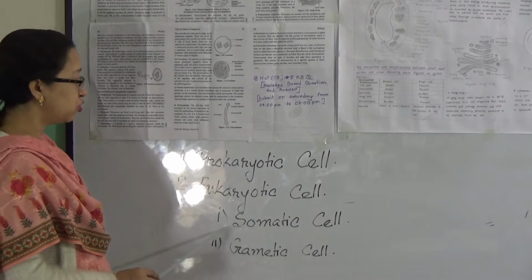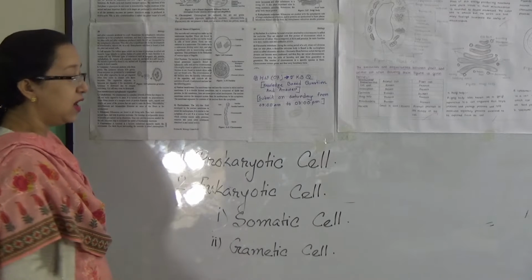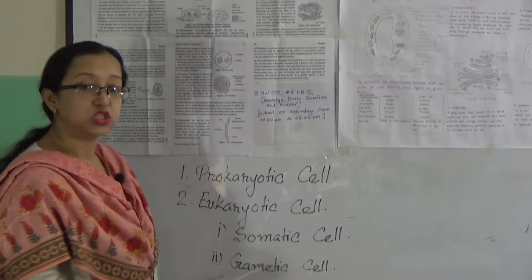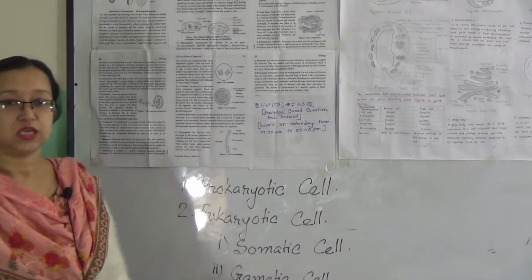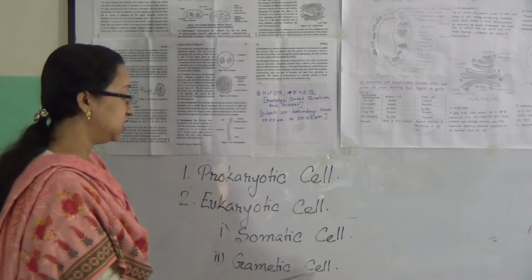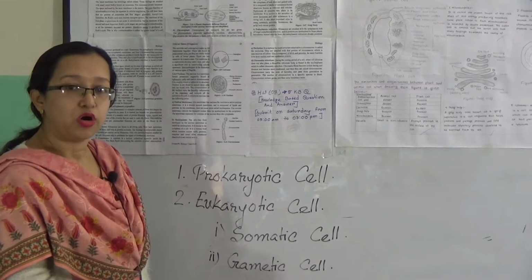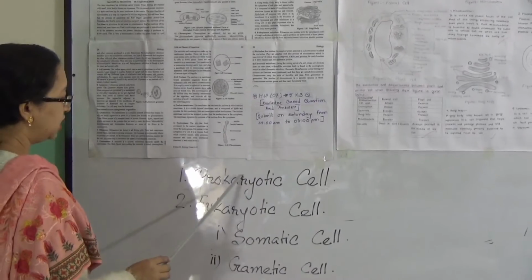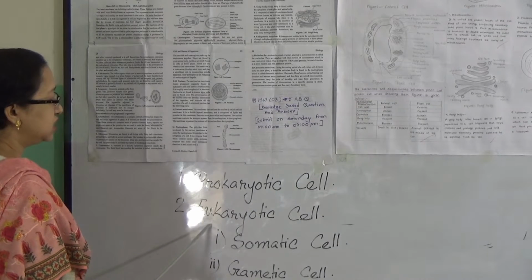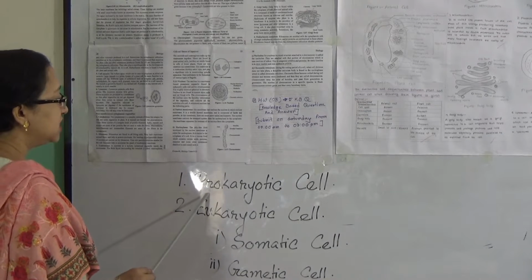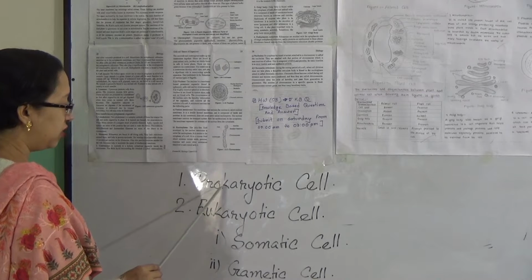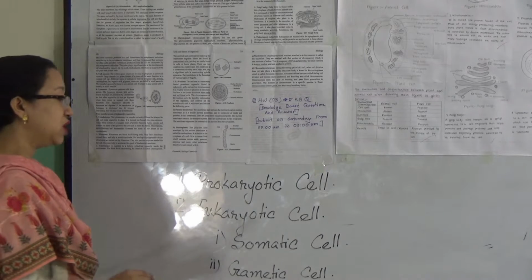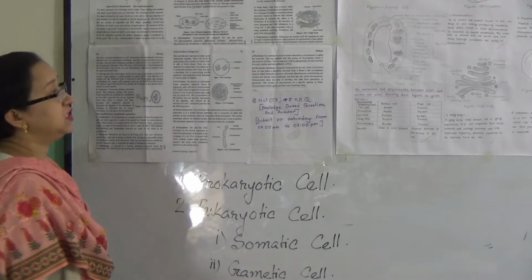And gametic cells are the cells used for reproduction, and we find these gametic cells in the reproductive organs. So we know that cells are of two types, prokaryotic and eukaryotic. In the prokaryotic cell the nucleus is not well organized, in the eukaryotic cell the nucleus is well developed. And eukaryotic cells are of two types, somatic cell and gametic cell.